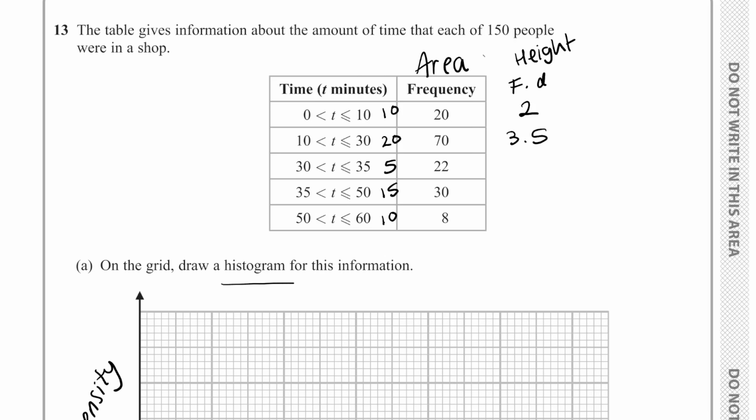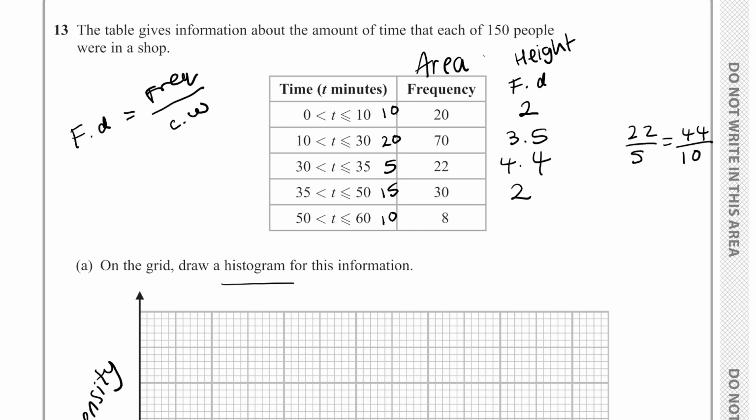Let's think of this the other way. Frequency density is frequency divided by the width. So 22 over 5 is the same as 44 over 10, 4.4. 30 over 15 is 2, and 8 over 10 is 0.8.